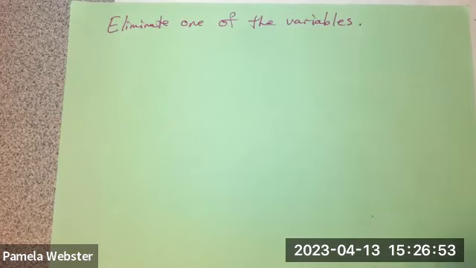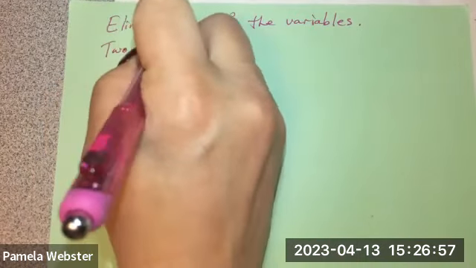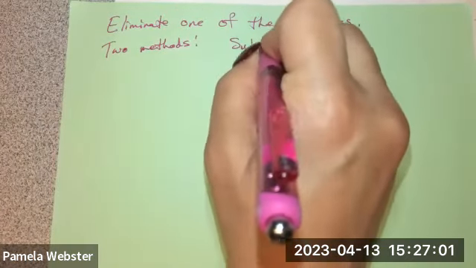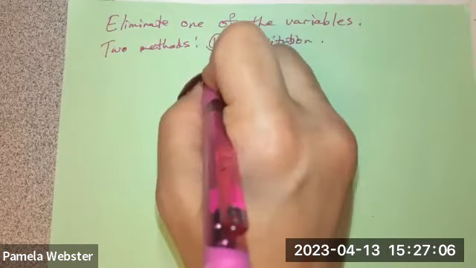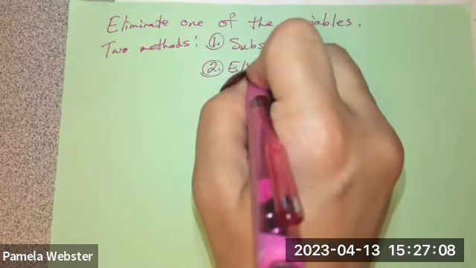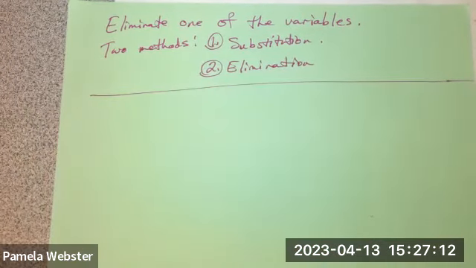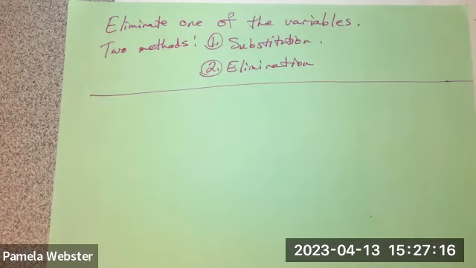But we're going to eliminate one of the variables, and there are 2 methods that we're going to look at today. Okay, one is substitution, and the other one is called elimination. We're going to see a couple of examples of each, and you will see when do I need to do which one, or what's the difference between them and all that.